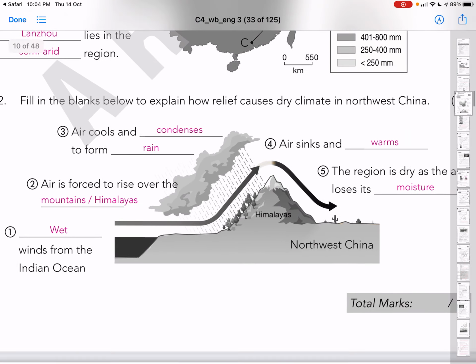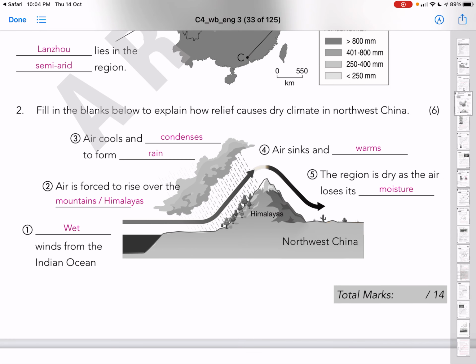So accordingly, for here, this is talking about the relief rain that causes the dry climate as well as some wet climate in India. Okay, so first of all, the wet wind comes from the Indian Ocean, and then it is forced to rise up because of the Himalayas.